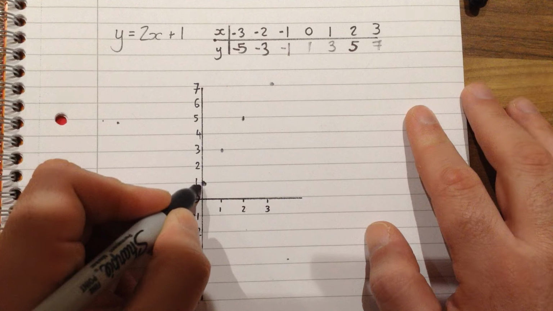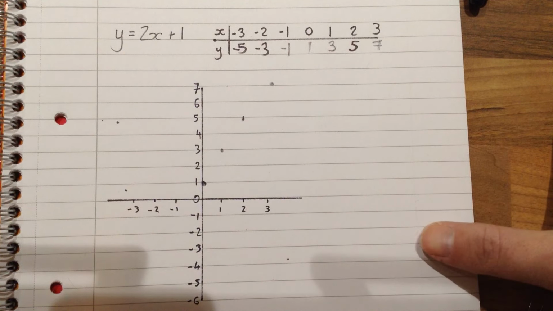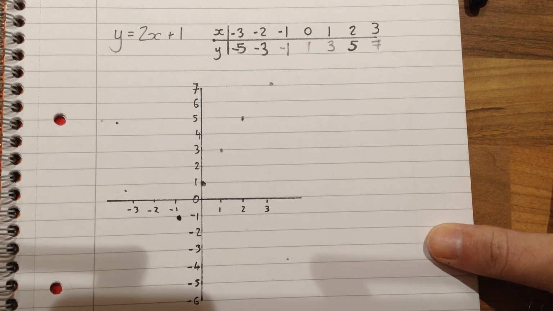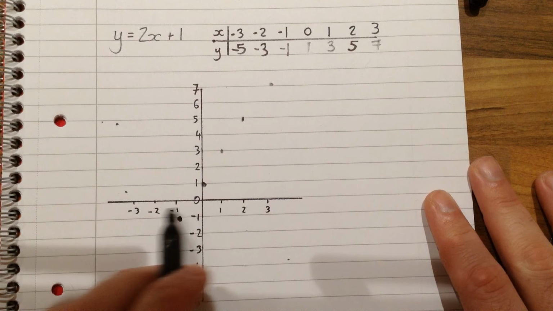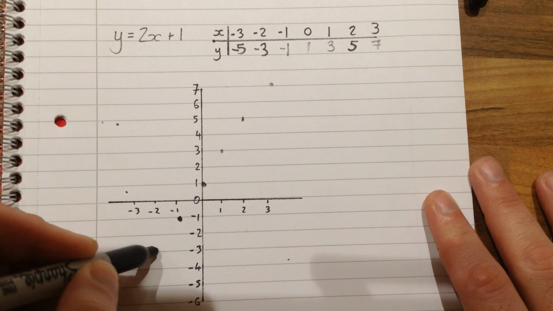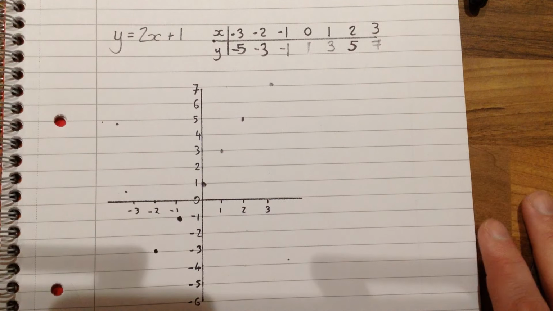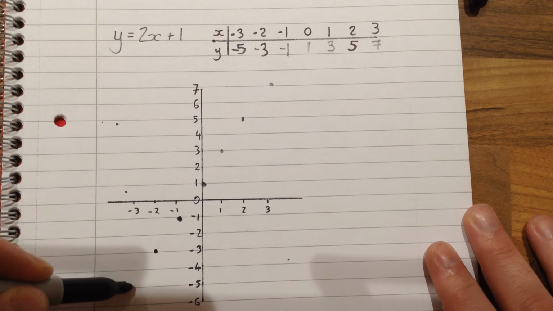Try and get it onto the axis if you can. -1, -1, so that gives us a little dot just there. -2, -3, so I go along to -2, down to -3, place my dots, and then the final coordinate is -3, -5, so along to -3, down to -5, and a dot.